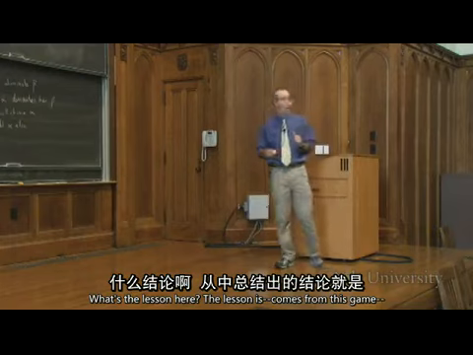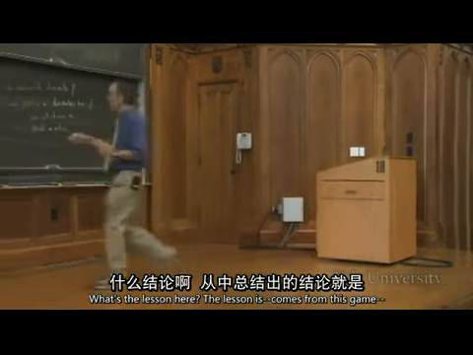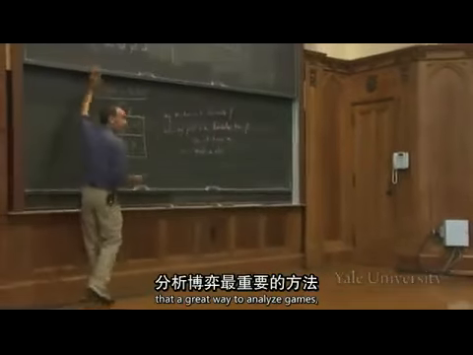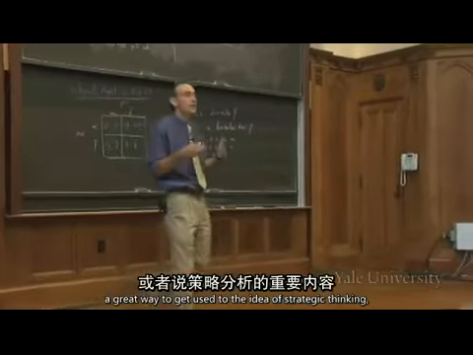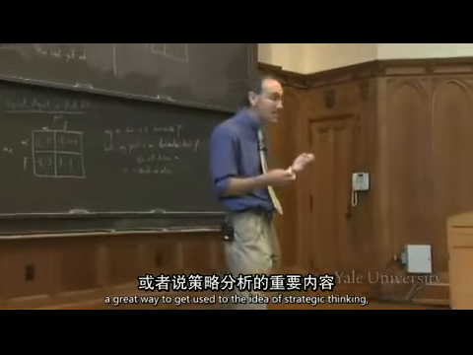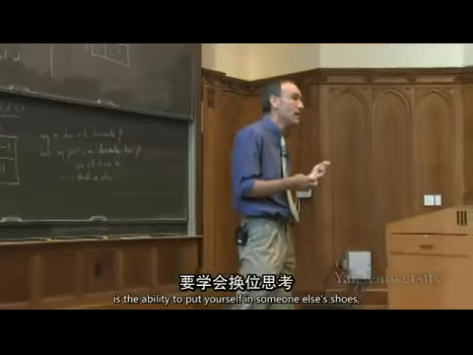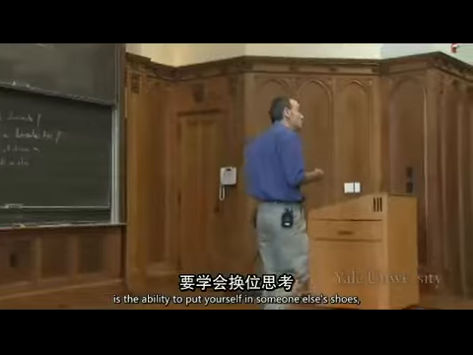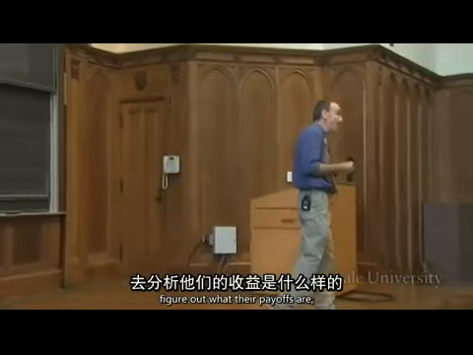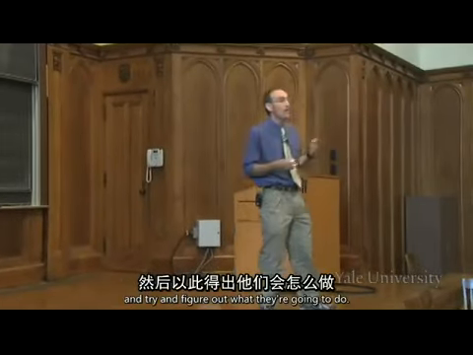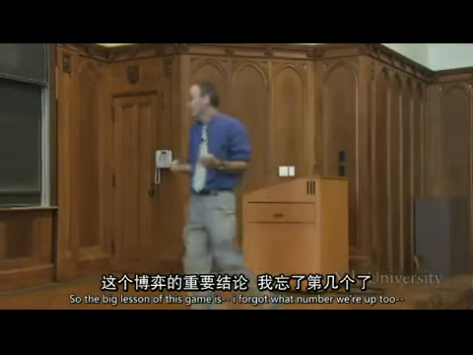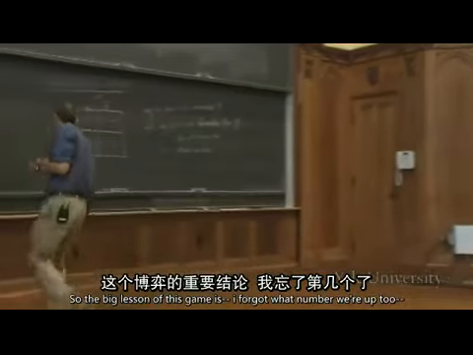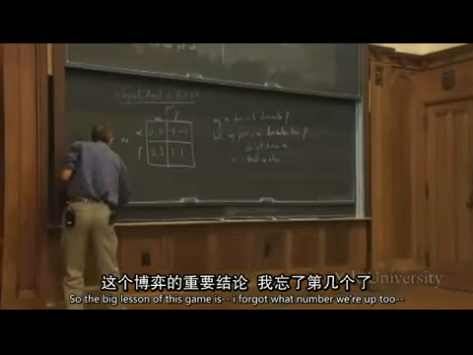The lesson comes from this game, that a great way to analyze games, a great way to get used to the idea of strategic thinking, perhaps even the essence of strategic thinking, is the ability to put yourself in someone else's shoes, figure out what their payoffs are, and try and figure out what they're going to do. All right? So the big lesson of this game is, I forgot what number we're up to.